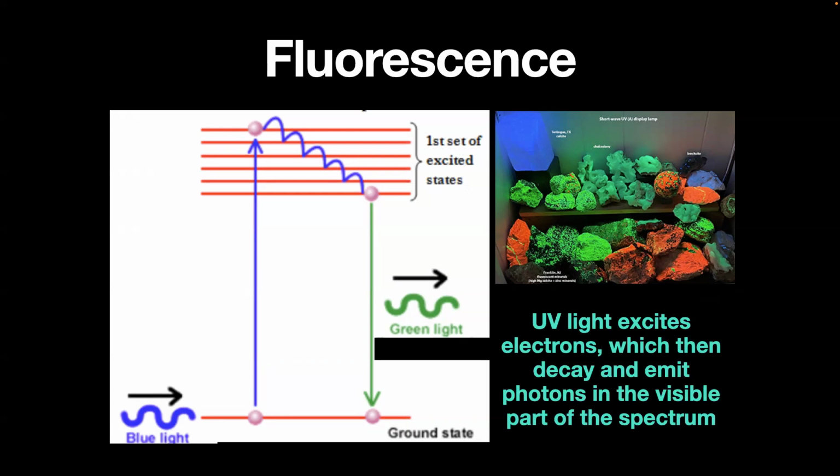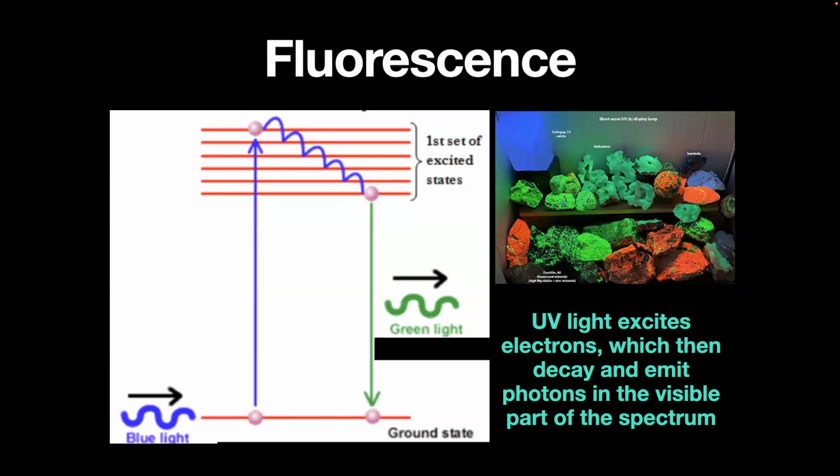Remember, UV light is pretty energetic, so it could excite electrons within an atom or molecule. The electrons will then decay, though, and they will emit photons corresponding to the different energy levels. So this means that objects could re-emit photons in the visible range after being excited by UV light. And this usually happens in a green or a yellow color.